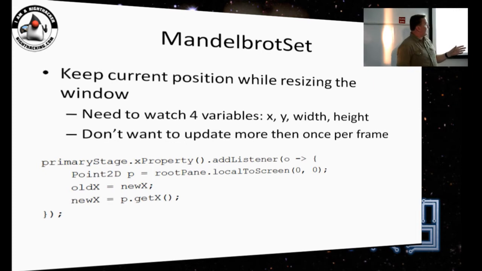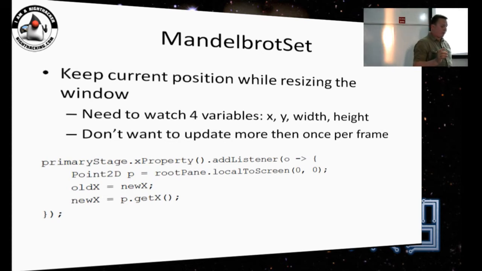But the trick is not just to listen to that. So there are two things. First of all, we need to listen to changes to 4 properties. But we want to render only once per frame because it is too heavy to render 4 times per frame or 2 times per frame, whatever. Because we have 4 properties, we can have several of the listeners invoked in a single resize operation.